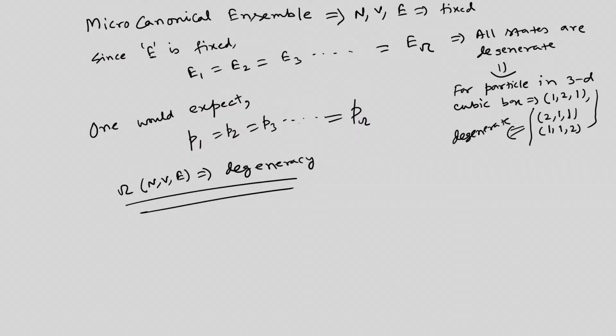Okay. So, for this we start with the expression for S. We know S is Kb ln W. This we know from thermodynamics. So, what is W here? W is factorial n by n1 factorial, n2 factorial and so on.